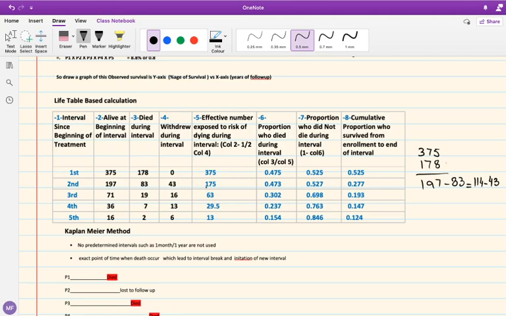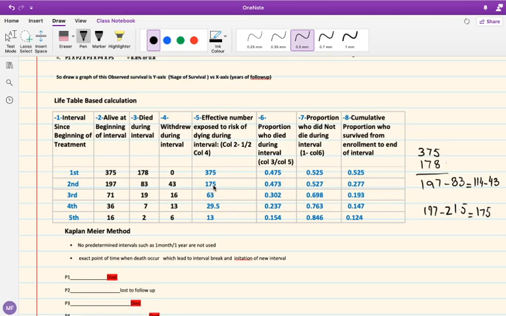The calculations are pretty straightforward. For example, in order to understand how this 175 value came, we can take the value at column 2, which says 197, and then we subtract 43 divided by 2. 43 divided by 2 is 21.5, and subtracting it from 197 gives us 175 after rounding off.